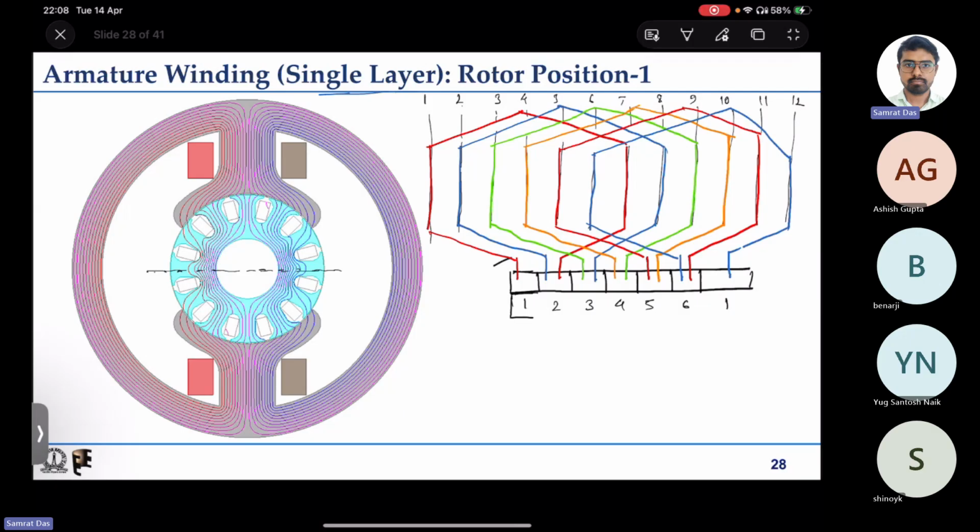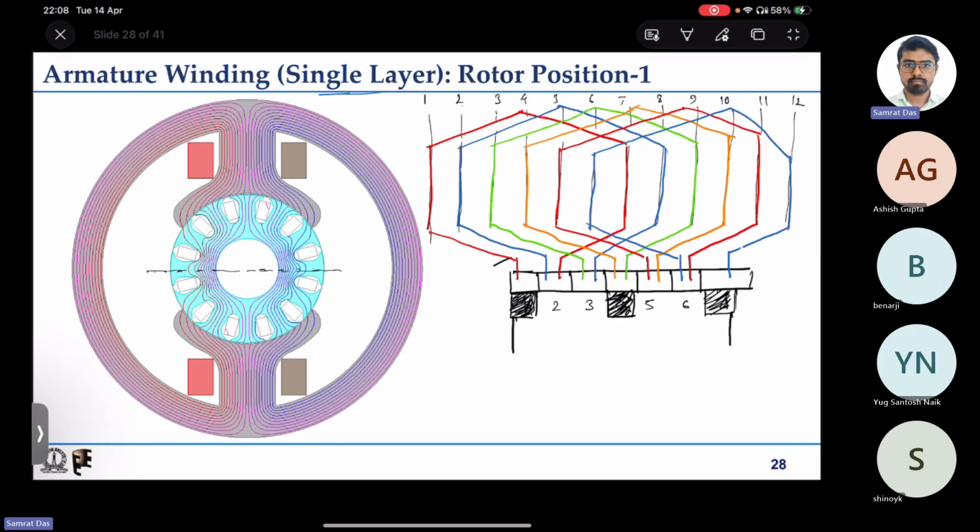So let us assume the brush is perfectly touching commutator segment number 1 and it is touching commutator segment number 4. So 1 means that 1 will come to here also. So these two are the same ones.